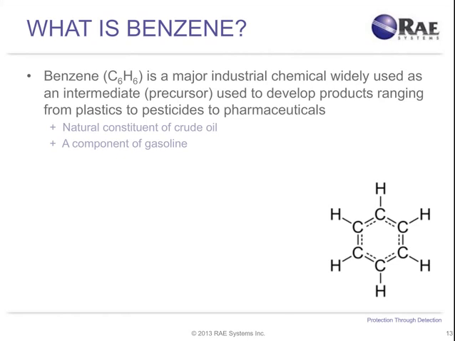Benzene is naturally present in crude oil. So exposure to benzene can occur at a drilling rig, for example, not only at a plant that actually produces or processes benzene. Benzene is also a component of gasoline. And thanks to benzene, they're no longer using lead in gasoline.